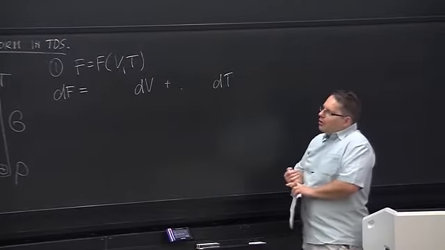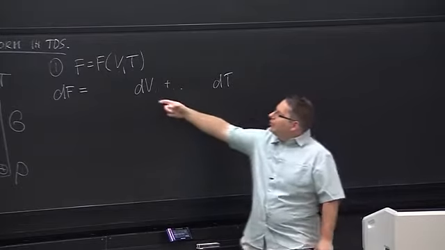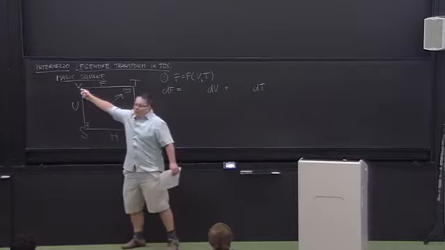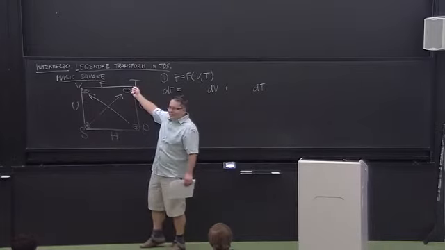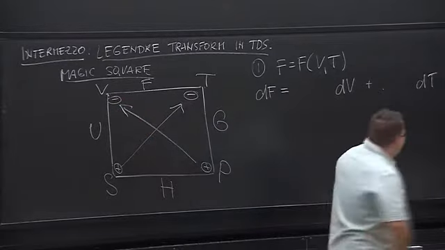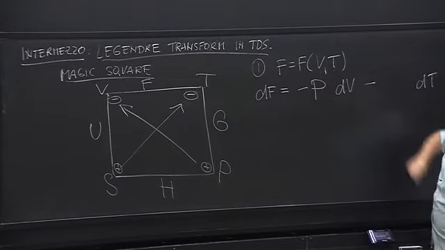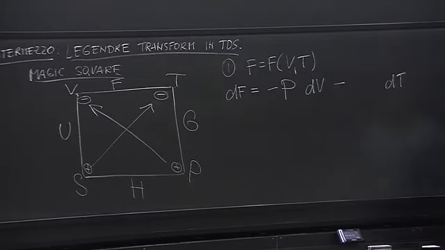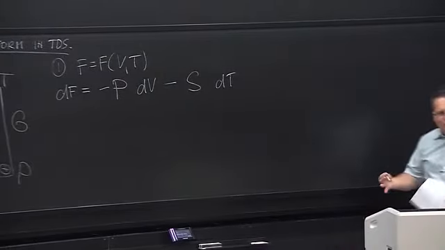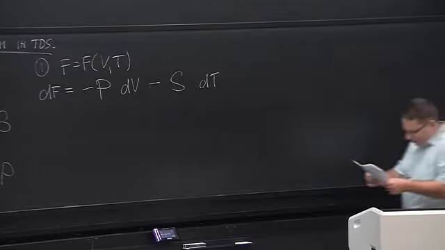What is that something else? It's always the conjugate quantity, which is directly opposite to whatever you see. P and V are conjugate quantities, and S and T are conjugate quantities. But there's this magic sign minus. So it's minus P dV, and then minus S dT; better to always write minus first. This is the differential which you are looking for on your Wikipedia page or whatever.